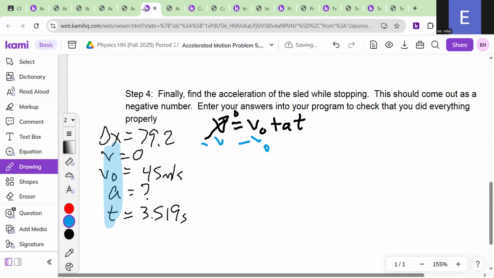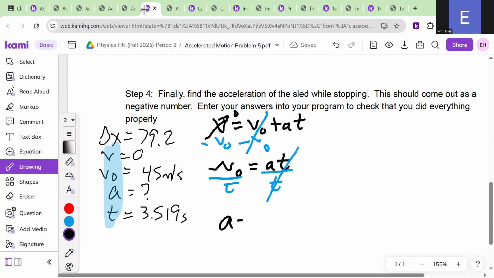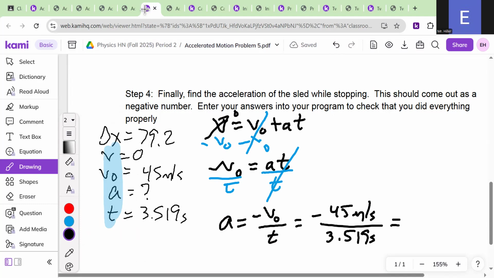Subtract V naught from both sides: negative V naught equals A times T. Divide by T, and A is equal to negative V naught over T. So negative 45 meters per second over 3.519 seconds gives me a negative acceleration of negative 12.8 meters per second squared.